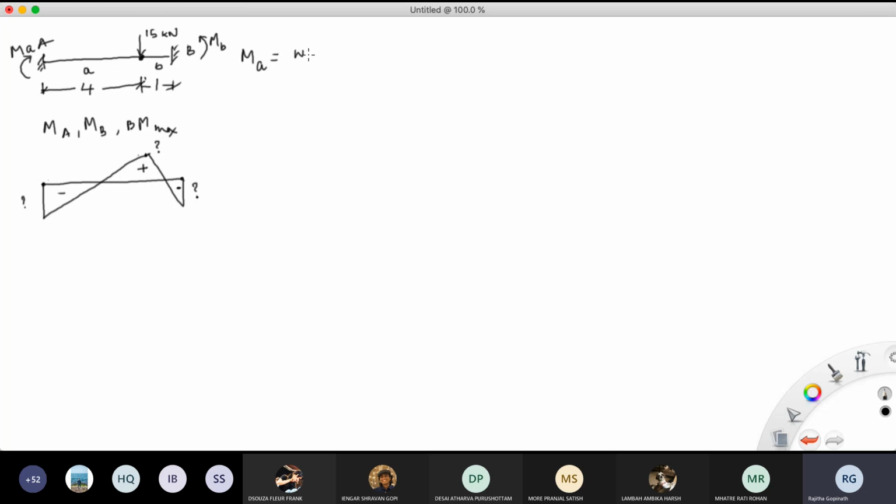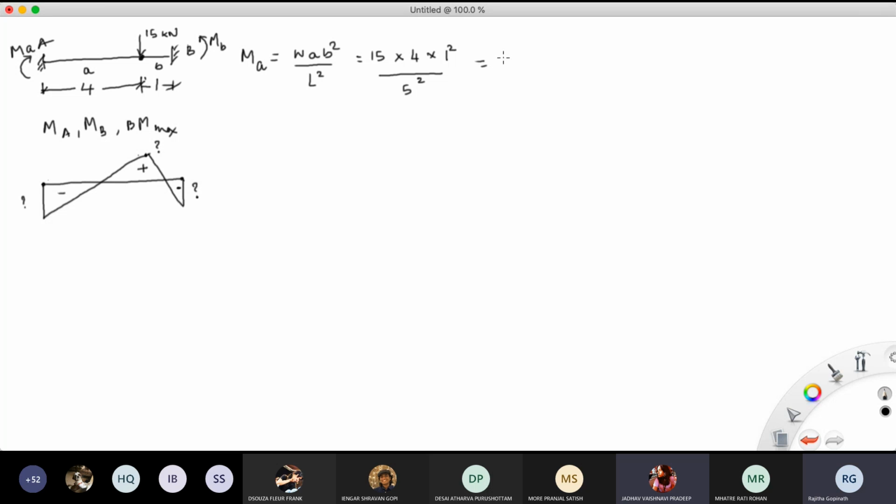So MA is equal to W A into B squared, जो further away है, divided by L squared. ठीक है, so W is कितना? W is 15, into A is 4, into B is 1, so 1 squared, divided by total length 4 plus 1, 5, so 5 squared.